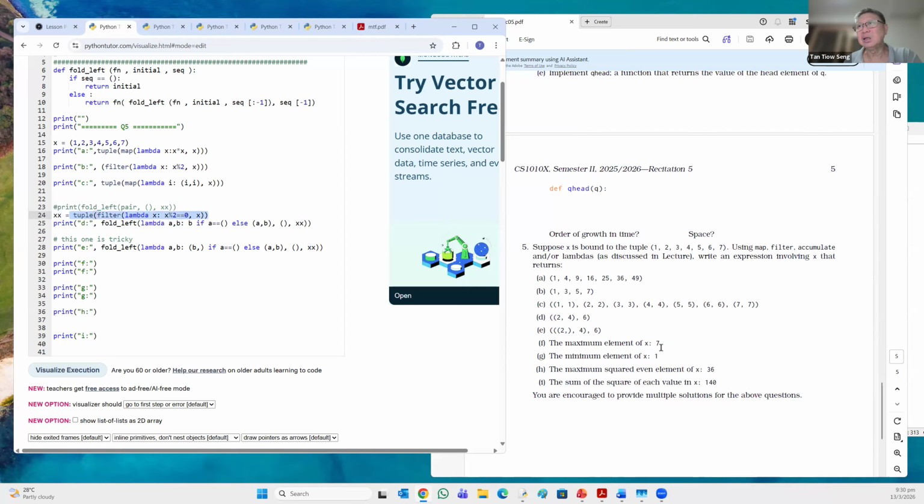F is kind of easier because you're supposed to get the largest number among them and also get the minimum number. Okay, let's see what you have. F. All right, so it looks like this.